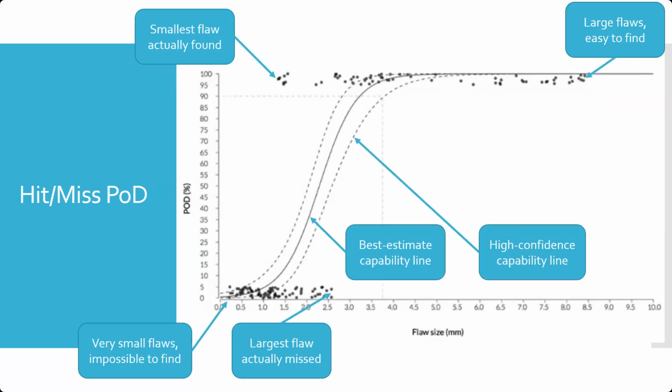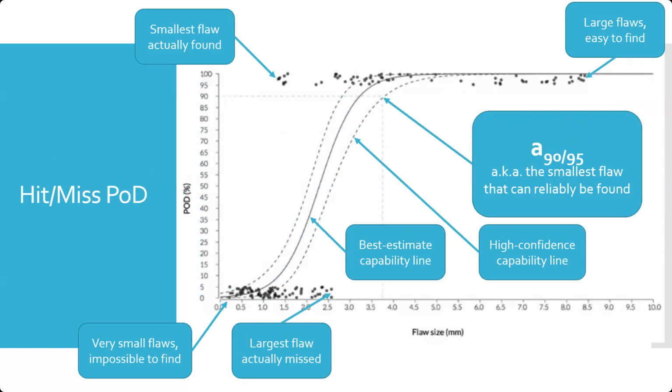And so this dashed line on the bottom is at 95% of the height. It basically is taking that best estimate capability line and shifting it, sliding it down by 5%, taking each point along that line and shifting them down by 5% to get that 95% high confidence capability line.